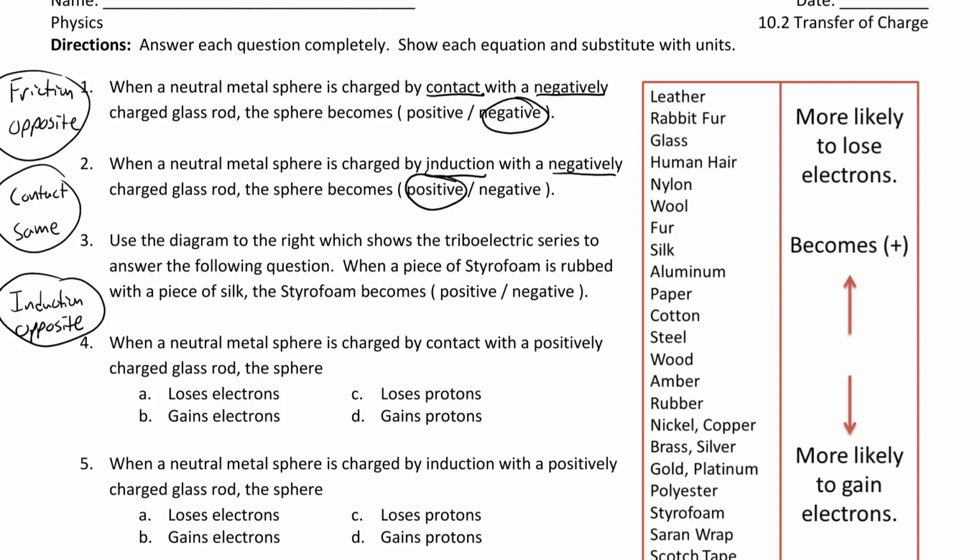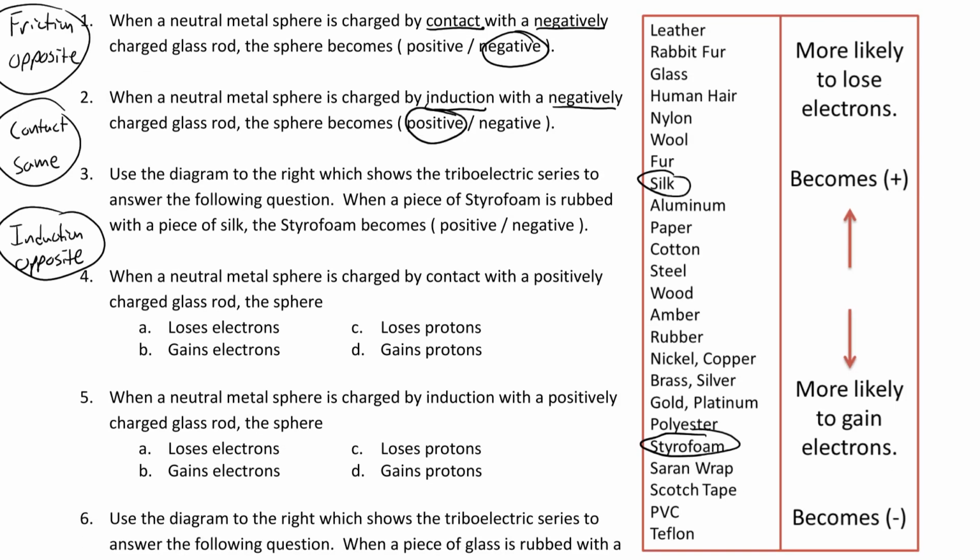Use the diagram to the right, which shows the Triboelectric Series, to answer the following question. When a piece of styrofoam, where's styrofoam? Right here, is rubbed with a piece of silk, which is right here, the styrofoam becomes, well, this is becoming more negative, right? It's closer to that side of the series, so the styrofoam becomes negative.